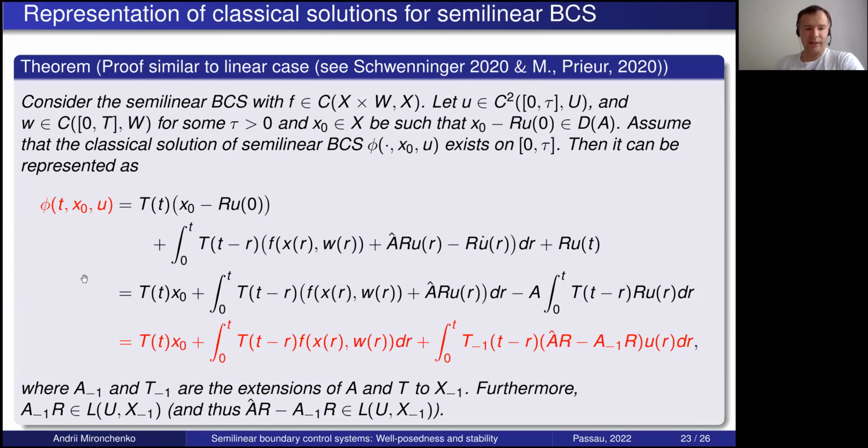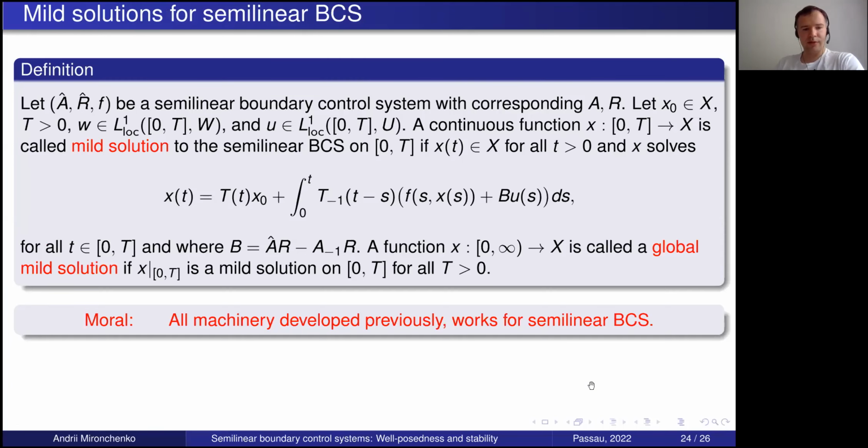Namely, this is precisely the formula for mild solutions of evolution equations, where the input operator is given by this guy. And nicely enough, in this representation, this operator is always a bounded operator from U to X minus 1. Very nice.